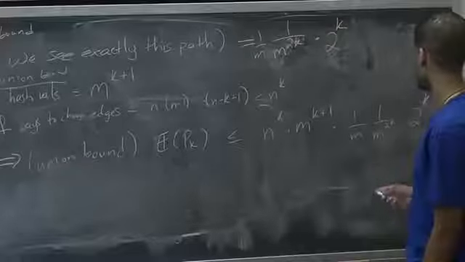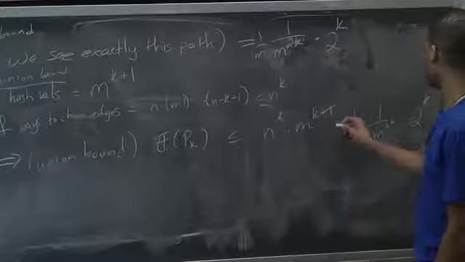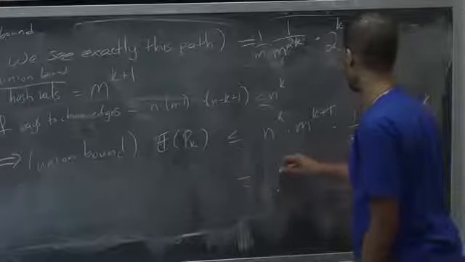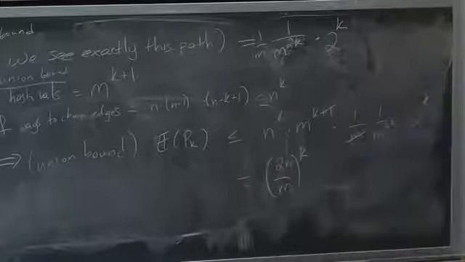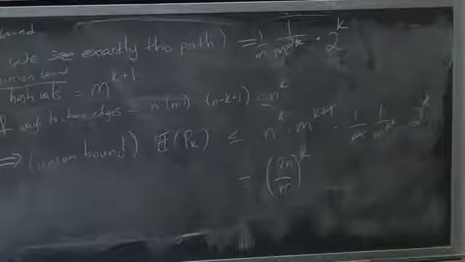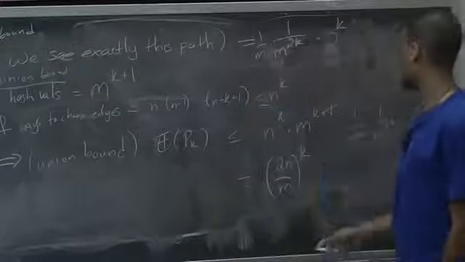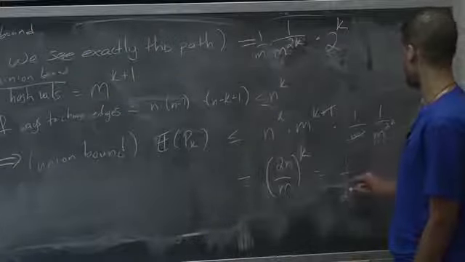So things start to cancel. This m goes with this m. Here we have 1 over m to the k. Here we have n to the k. So this is equal to 2n over m to the k. And this is why I picked m to be 4 times n, I believe, over there. So this is equal to 1 over 2 to the k.